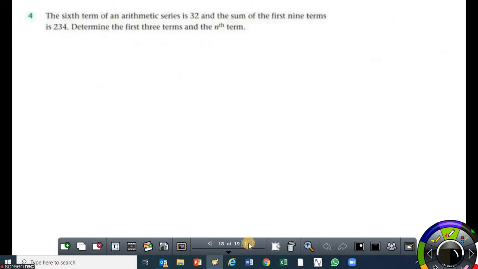Alright, number 4. The sixth term of an arithmetic series is 32. So you can say T6 is equal to 32. And the sum of the first 9 terms is 234.